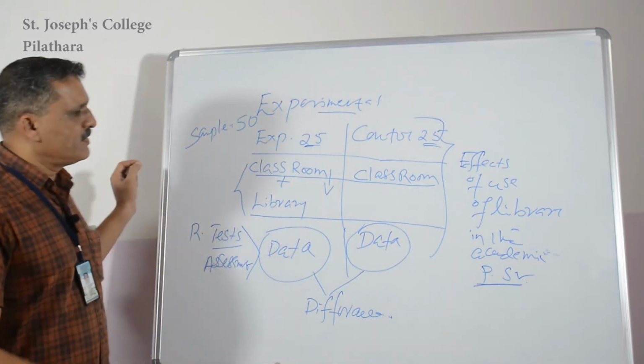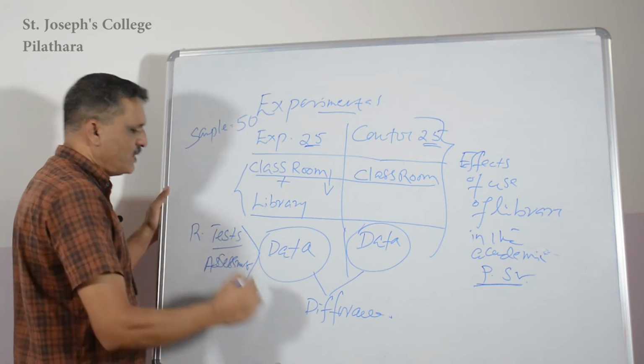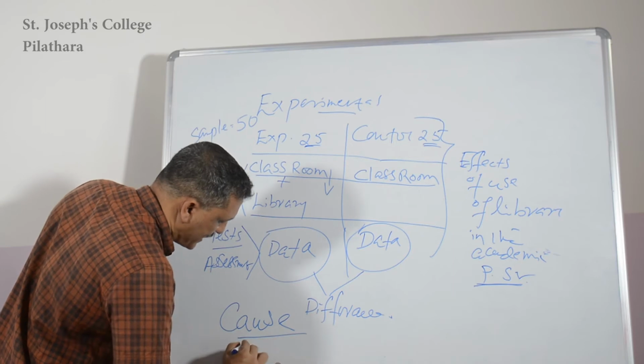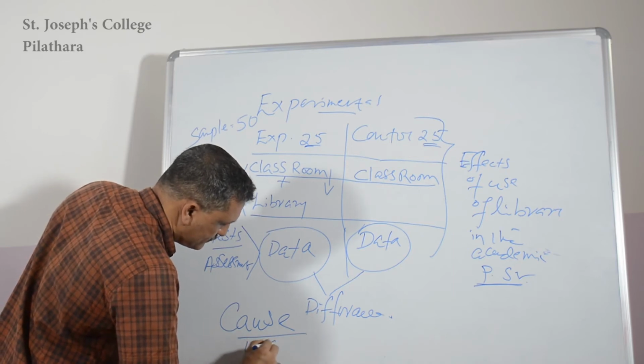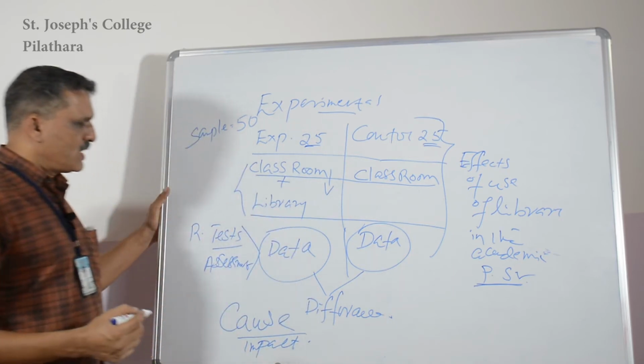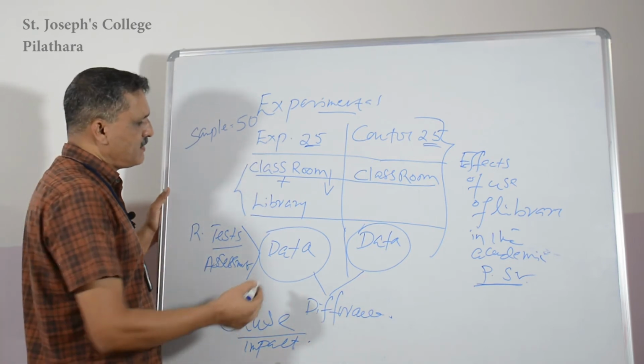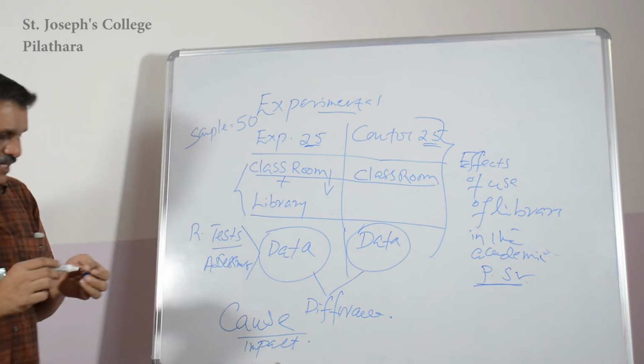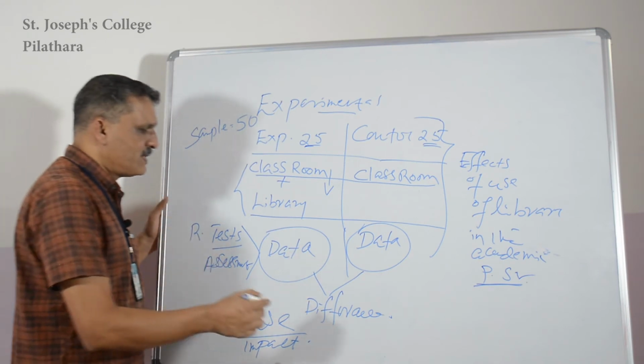So one is the cause variable and the other is the impact. We will assess the impact of the use of library and come out with our inferences.